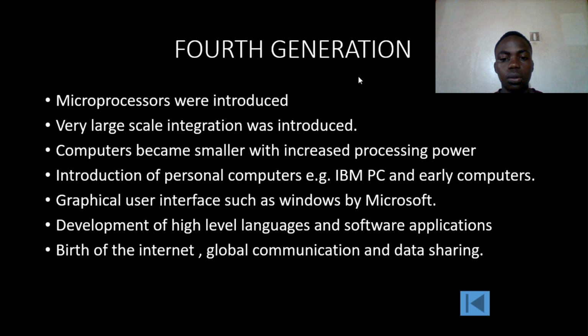Development of high-level languages, for example C++, C, and Python. These are languages that can be easily understood by human beings. So these languages are used for programming and coding, and we also see the introduction of software applications on mobile devices.